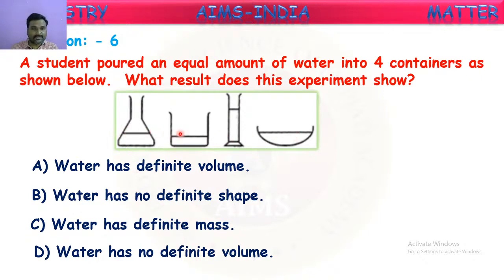It is taking the shape of the container in which it is kept. See here, first it is flask shape, next beaker shape, test tube shape, and the funnel shape. So the correct option regarding this question will be B.